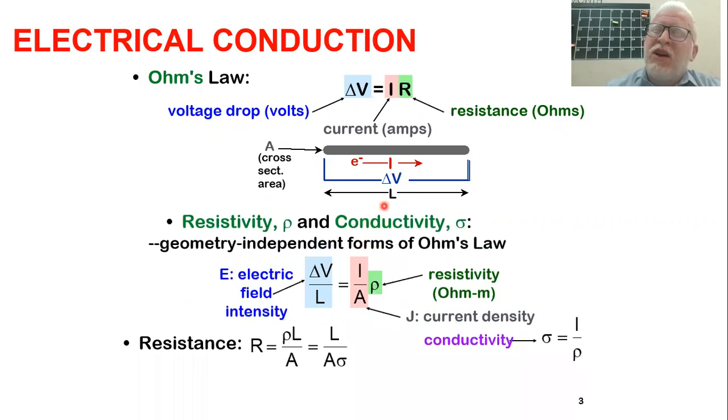But please don't forget that resistance is a material as well as a dimension property, because resistance equals rho times L over A. So length affects resistance, and the cross-sectional area of the bar is also considered in the resistance.